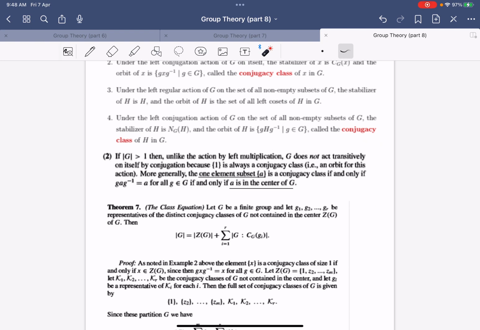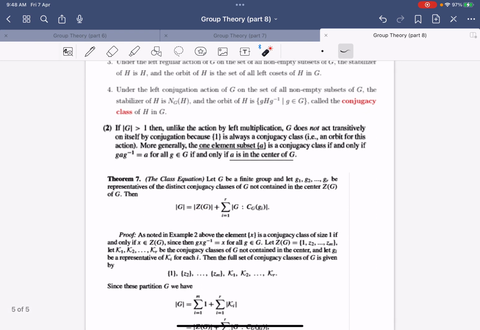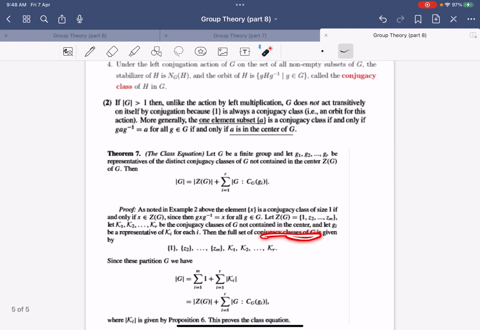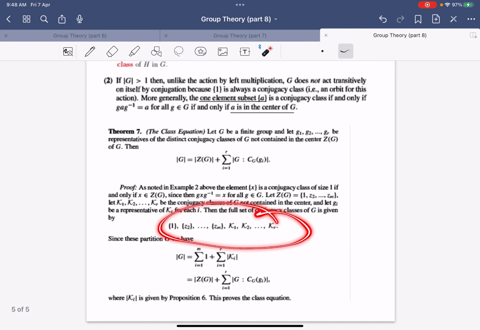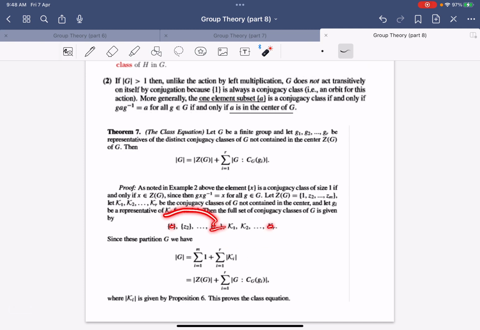For each conjugacy class, the center will represent all those with size one. So if you're size one, then you're in the center, so you can take those out first. Whatever remains is not in the center, and you can represent each class by a representative g_i, and so the full set of the conjugacy class will be denoted by the following. And because this partitions G, we just need to take the summation of all these elements.